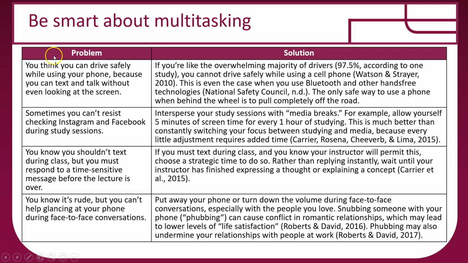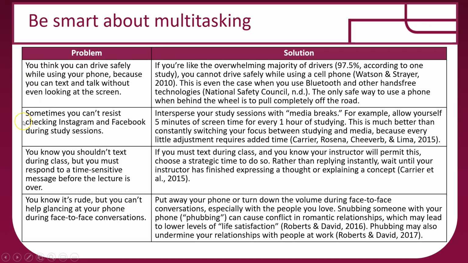And I'm going to let you read, this is in your book as well, Being Smart About Multitasking. We all multitask more and more every day, it seems, with new technology and cell phones, computers, and we think we're very good at multitasking, but we're not.